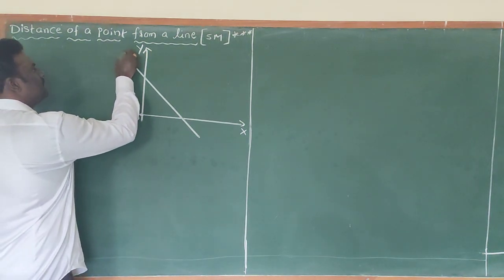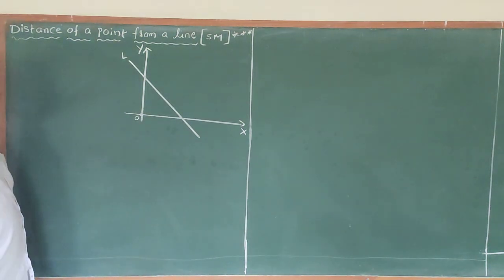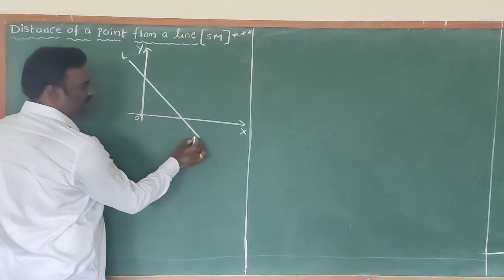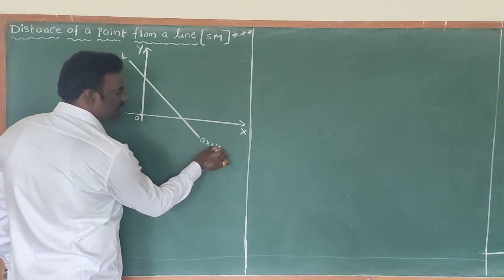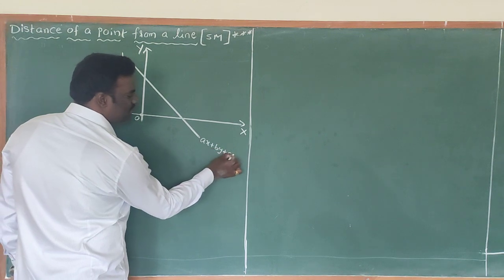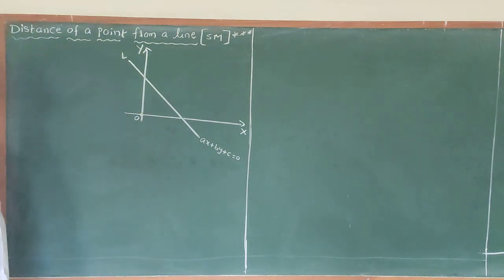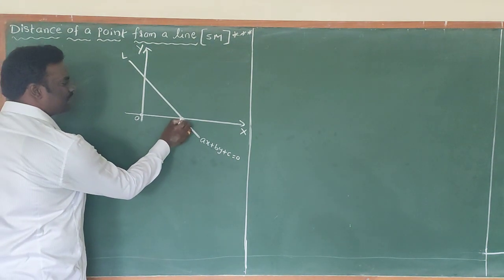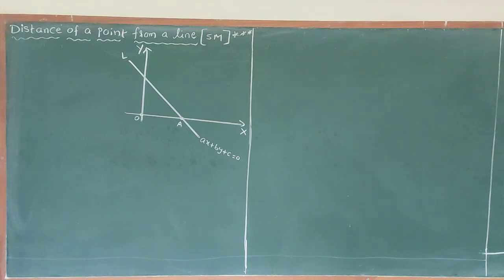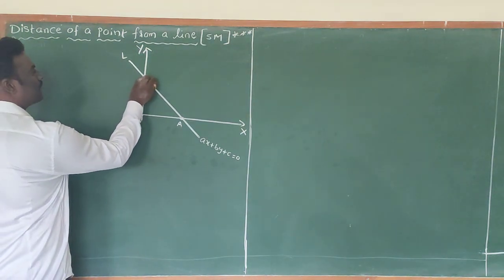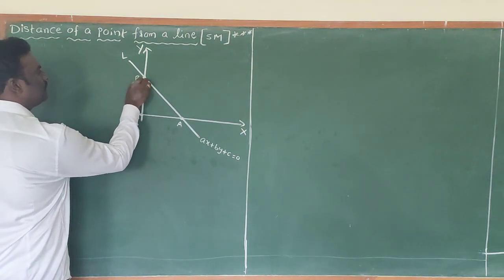The straight line is L. I am taking the equation of a straight line in general form: ax plus by plus c is equal to 0. The straight line cuts the x axis at a point capital A, and the y axis at a point capital B.